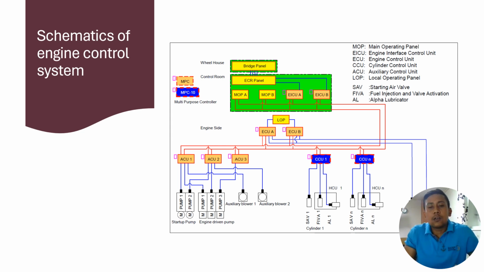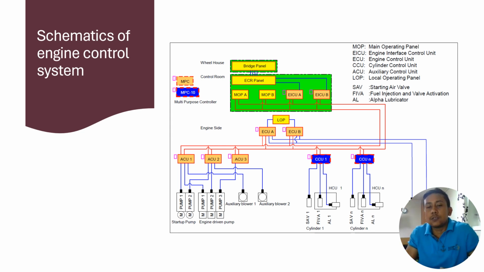As I already mentioned, the startup pump is used during the starting of the engine. When a certain RPM is reached, the auxiliary control unit operates and stops the startup pump. Thus the engine driven pump kicks in. At a certain RPM or scavenge pressure, the auxiliary blower is stopped by the ACU. So that is the function of the ACU, auxiliary control unit.